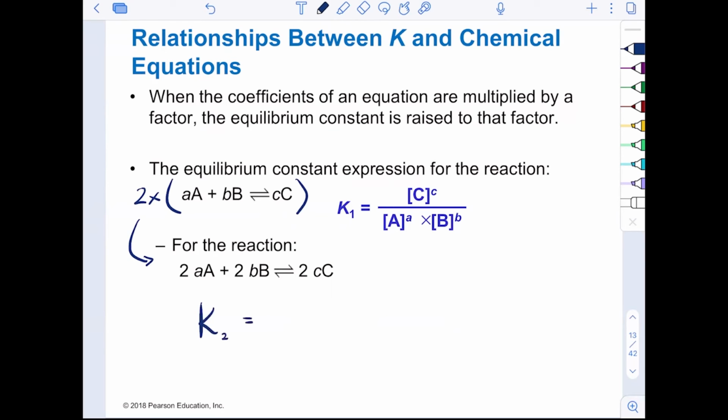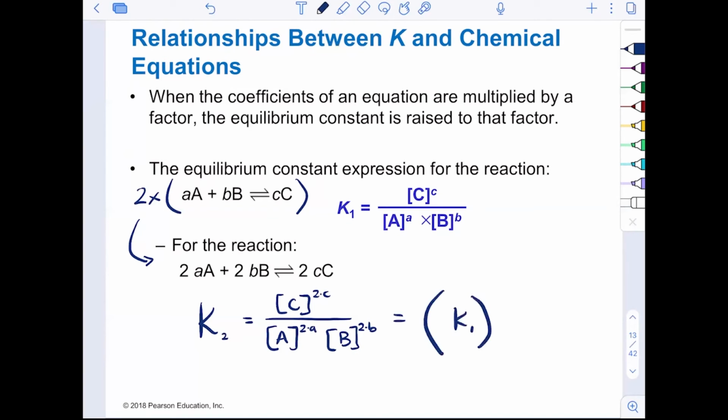So for this new K value, we'll call it K2: products, 2 times C, over 2 times A, 2 times B. So really what we've done here is we've taken the normal K1 and we've squared it. So whatever coefficient you multiply by, that's what you would put in the exponent. K2 is equal to K1 to a specific power, whatever power you multiply your reaction by.